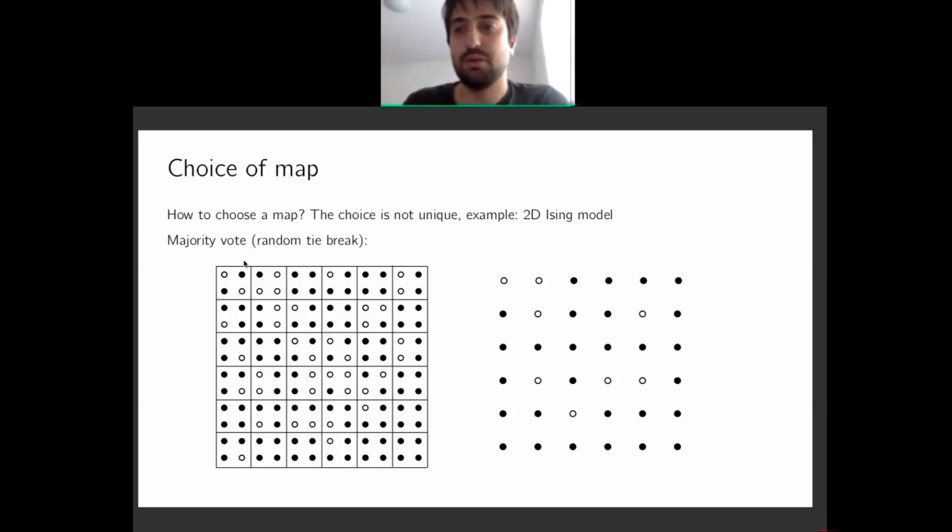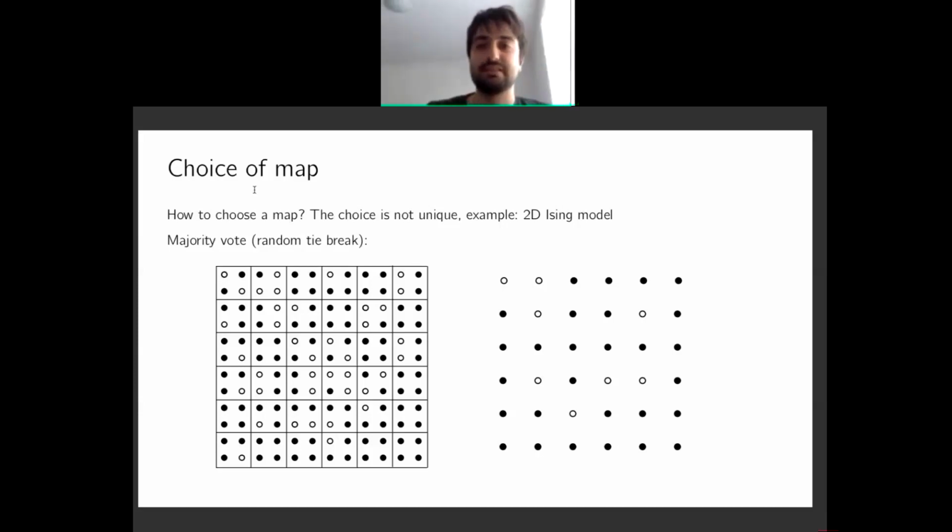We intuitively only need a map such that the important information about the probability distribution in this block is summarized in the single spin that is our renormalized spin. Here we need a way to break ties in a 2x2 block, since there will be ties. In this case, we could choose, for example, to break it at random. So if there are 2 ups and 2 downs, we just flip a coin and pick this way.